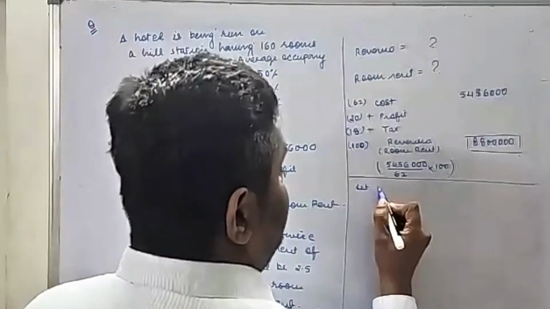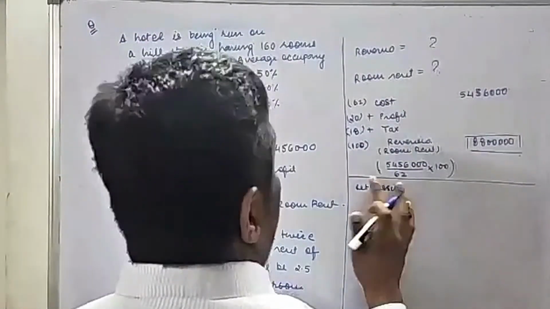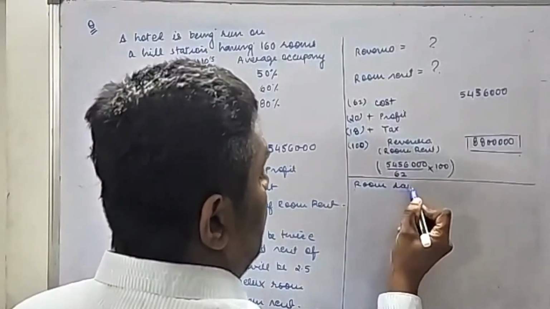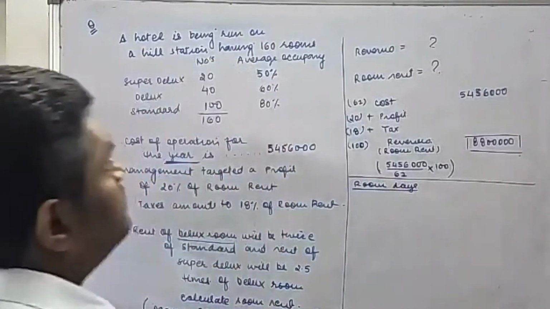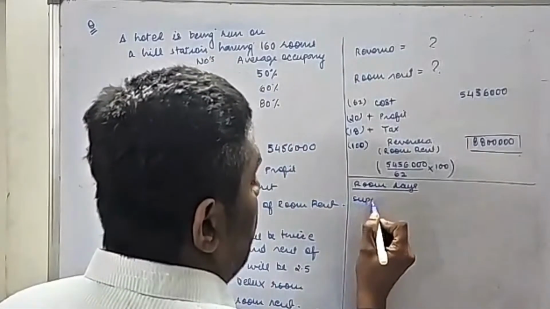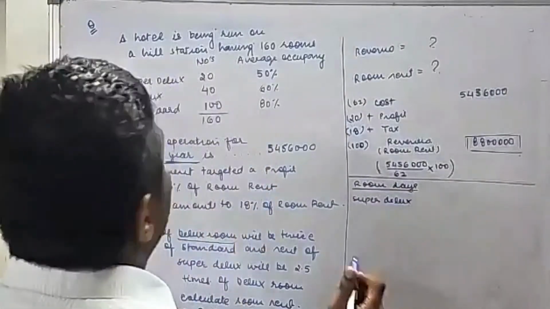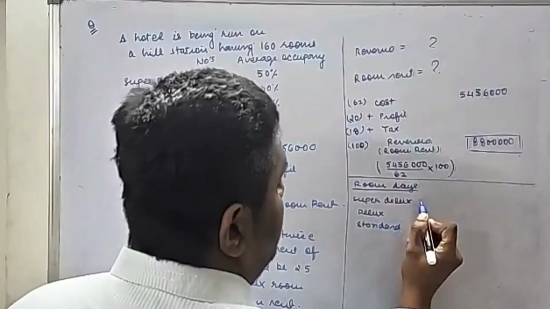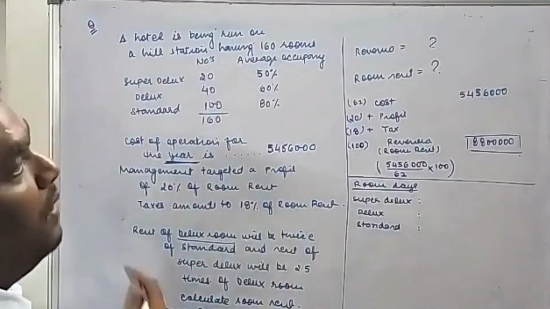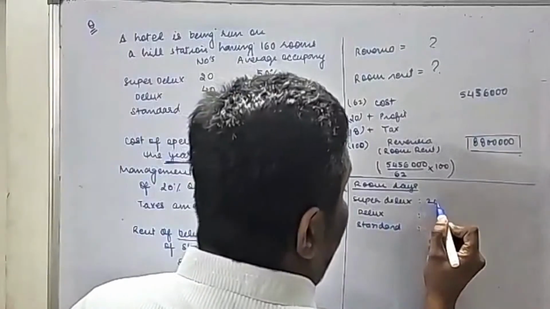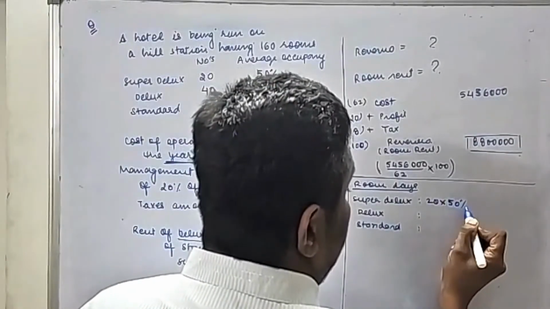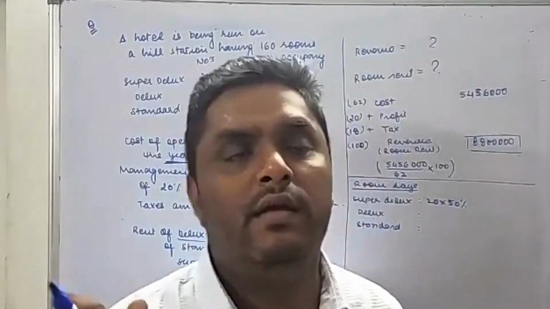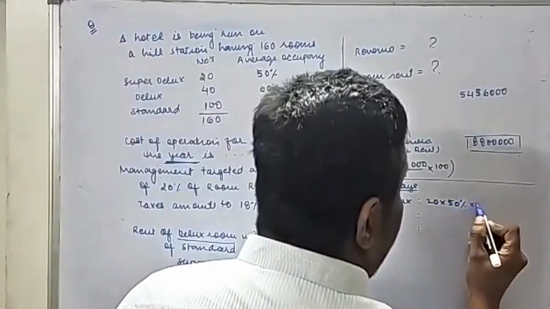Now, let's first calculate the room days. Super deluxe, deluxe, and standard. So there are total 20 rooms of super deluxe and the occupancy is 50%. So on an average, 10 rooms are occupied every day into 360 days in a year.